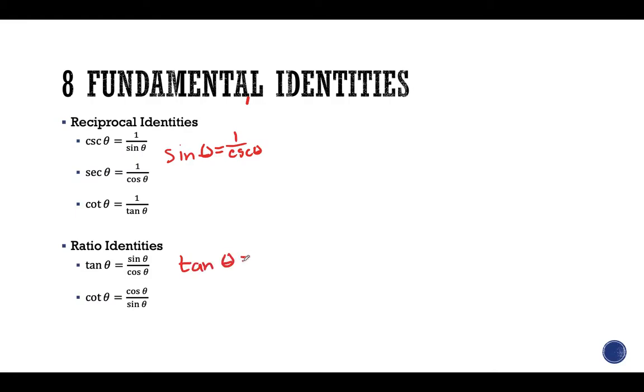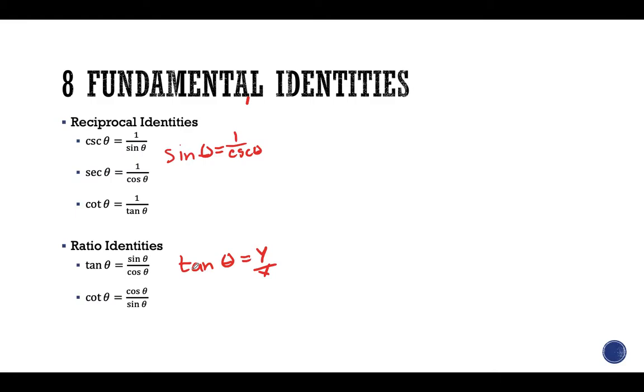And if we think about our unit circle, y is the sine function, x is the cosine function. So really this is an extension of what we learned in chapter 4 based on the unit circle. So that's our ratio identity, and we have one for cotangent as well since it's reciprocal. We could obviously flip that over and make a cotangent function. So those are our ratio identities.